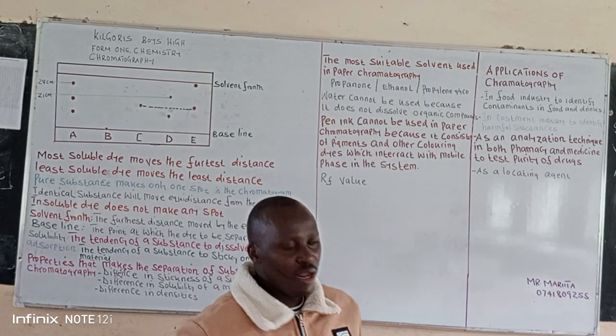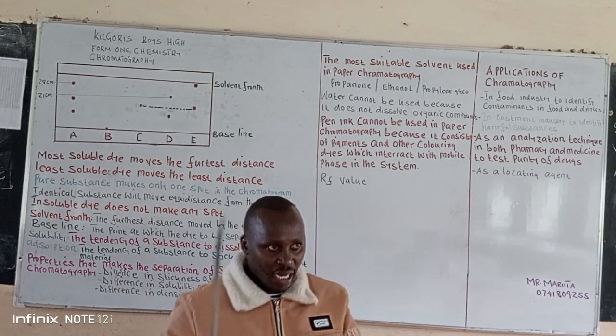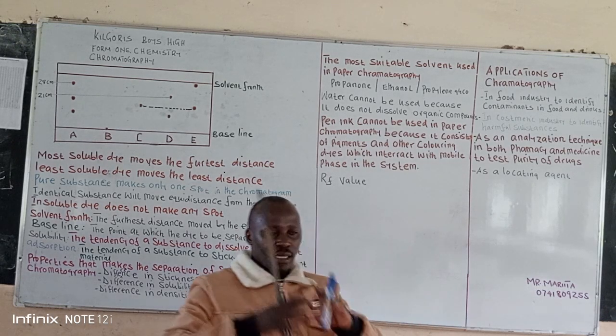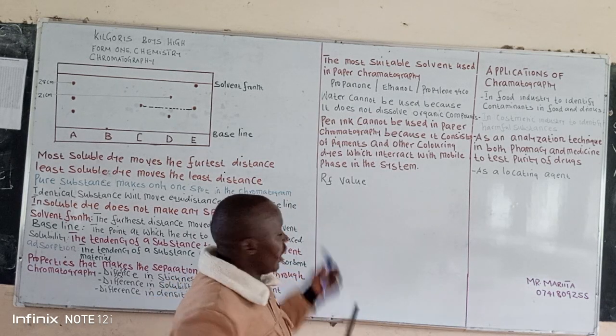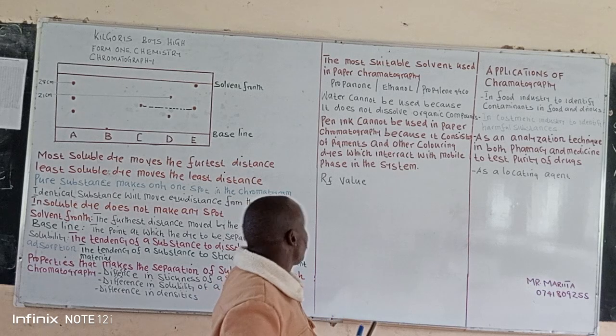So you either mention propanol, ethanol, or propylene glycol. Those are some of the most suitable solvents which are normally used in chromatography paper.